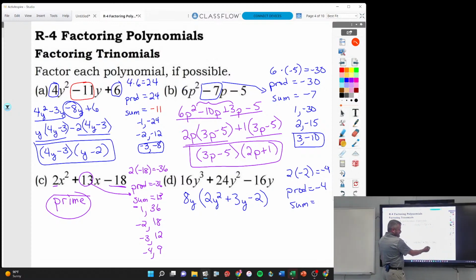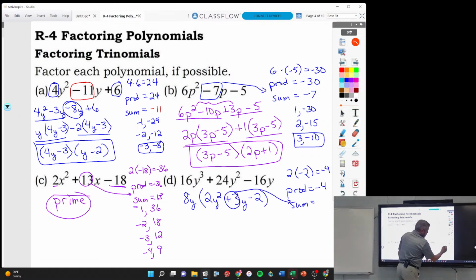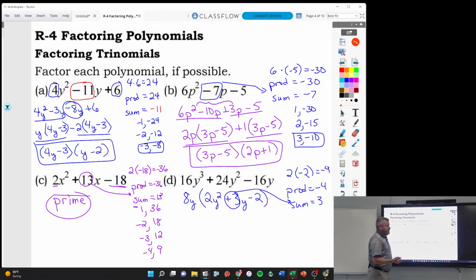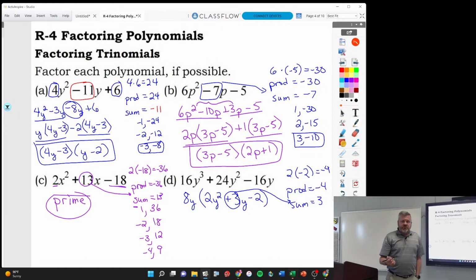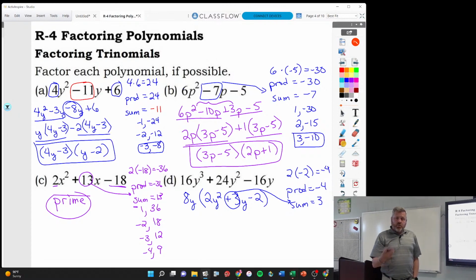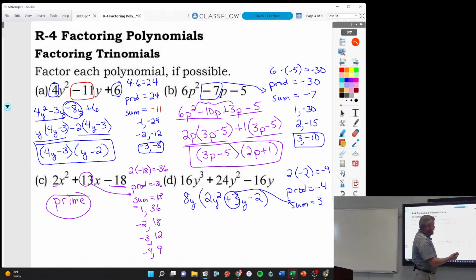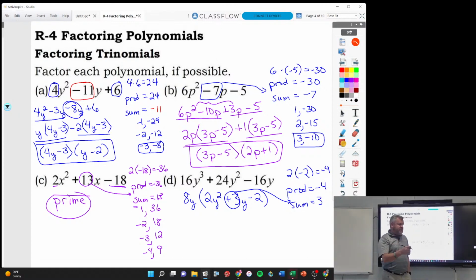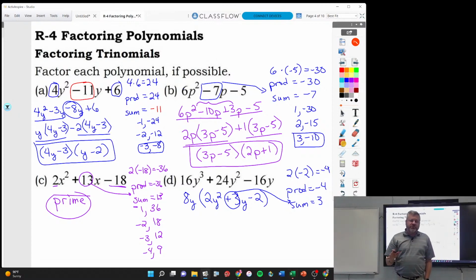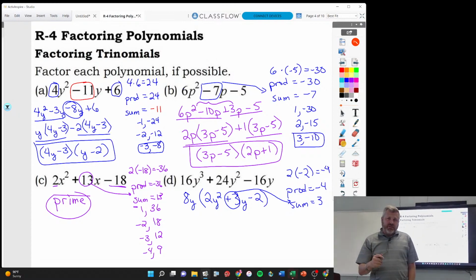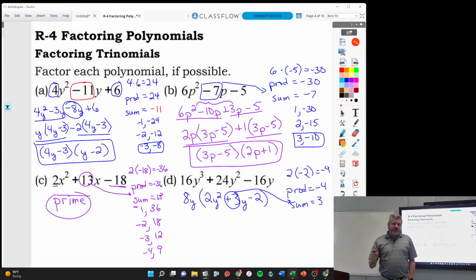Now, guys, we're talking about the 3 now because we factored the 8y out. I don't care about that 24 up top. I want to know about this 3. Can I get a sum of a positive 3? Well, to multiply two numbers together and get a negative 4, one number is positive, one number is negative. However, to take those same two numbers and add them together and get a positive 3, that tells me that the bigger of the two numbers must be positive.